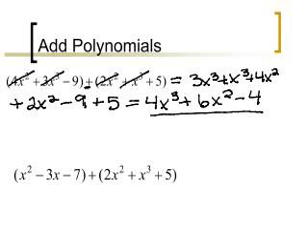So let's try this once again. Because we have a positive sign here, we don't change any of our signs within our parentheses, so then we can go ahead and start to rearrange it to put the like terms together. So we'll have x squared plus 2x squared. Now it's important to remember that this is a negative 3x, so we're going to keep it as minus 3x.